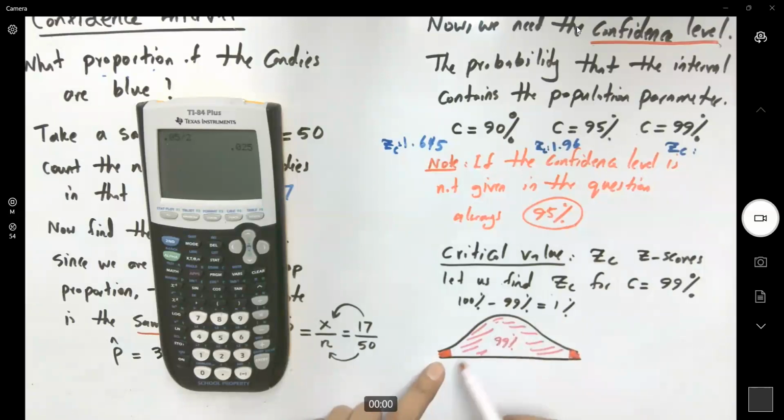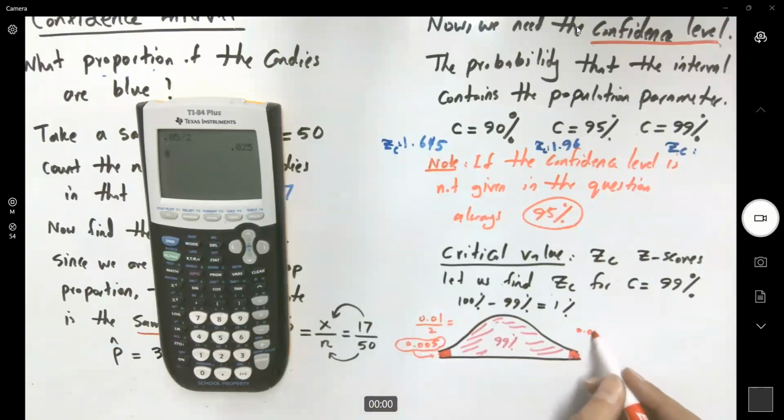This 1% is divided in half. 1% divided by 2 gives us 0.005. So this is the area on the left and the same area on the right.